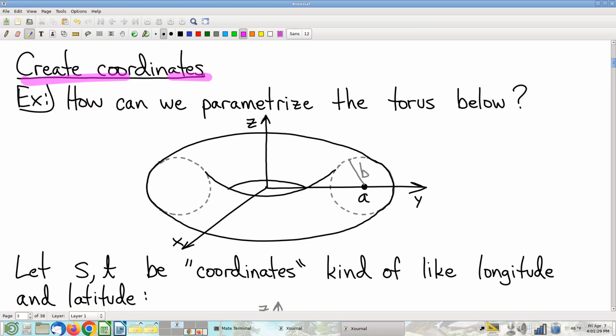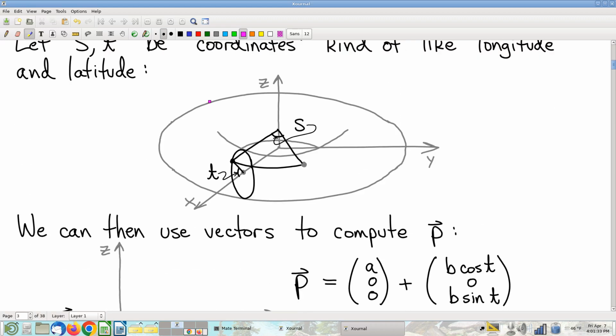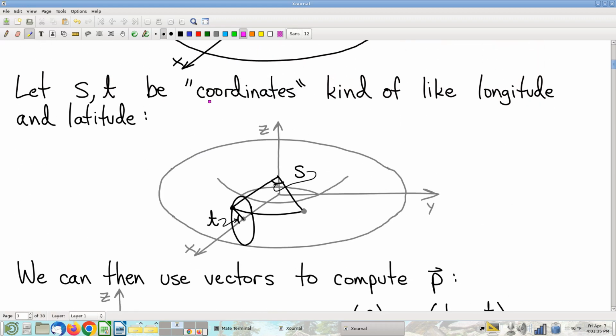So here I propose basically a kind of longitude and latitude of sorts as follows. You could imagine there being some sort of an equator on the outside part of the donut there.